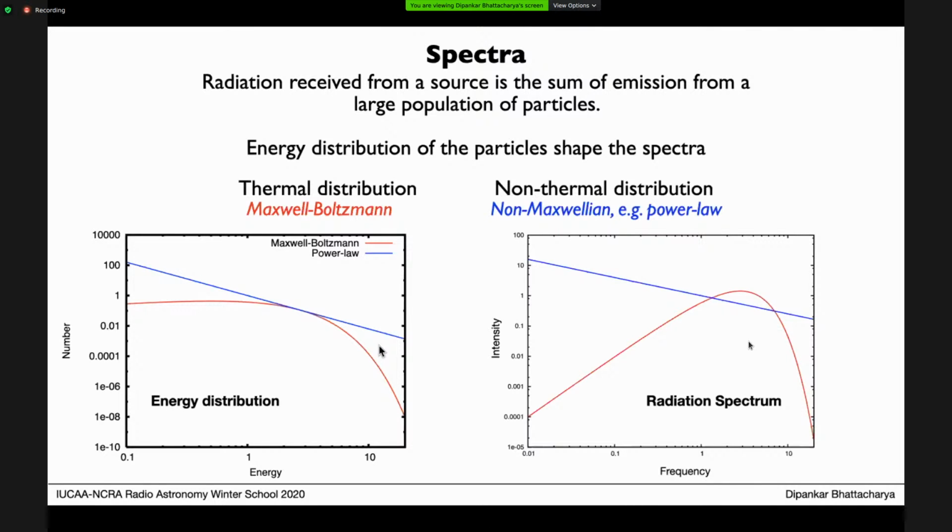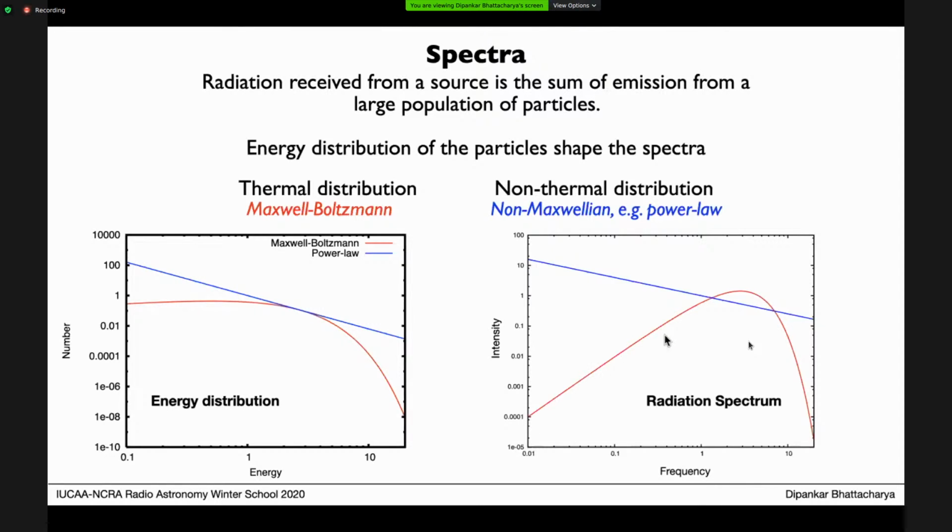Now if we use this energy distribution to sum up the individual emissions produced by these different particles to express what we will see at the observer, then we will see a radiation spectrum which results from it. Schematically, that is shown on the right-hand side.